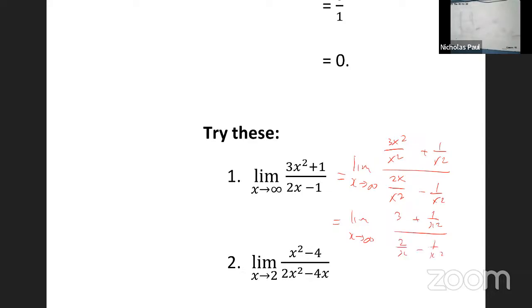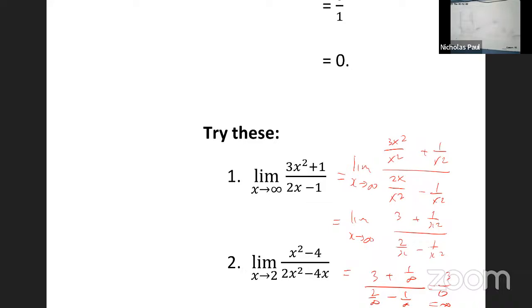When you plug in infinity, we get 3 plus 1 on infinity, or, I probably had a mistake in this one. I think I put this one back to front. It's supposed to be 3x squared plus 1 on... Anyway, 1 over infinity squared, and you get 3 over 0, you're all getting infinity.